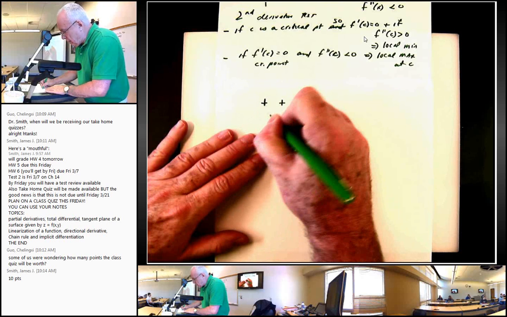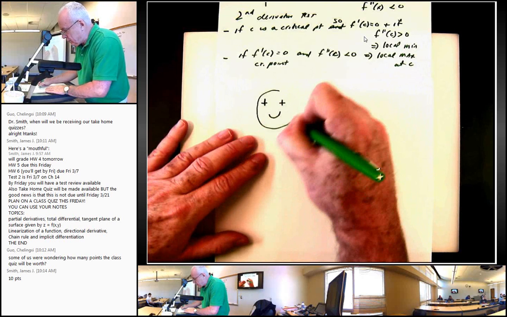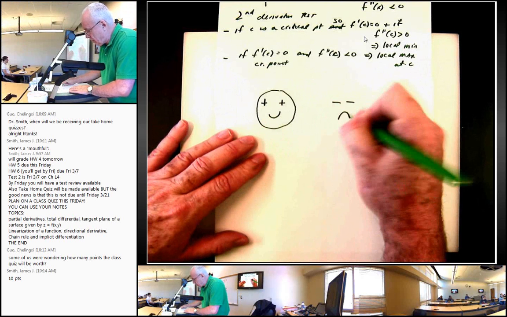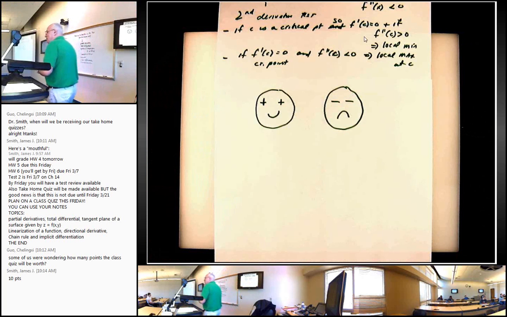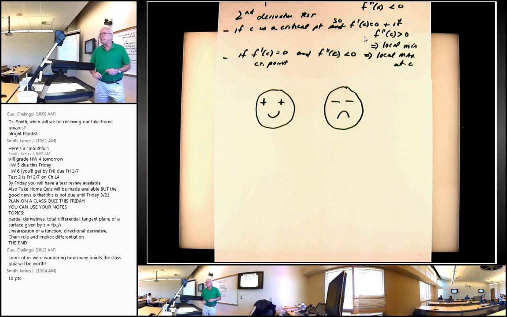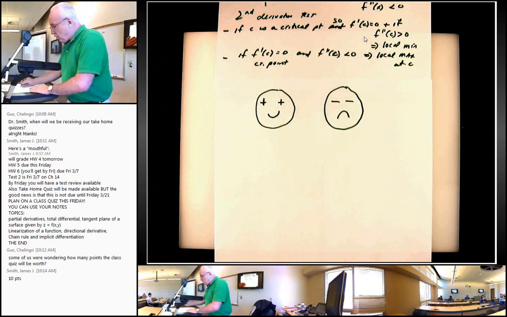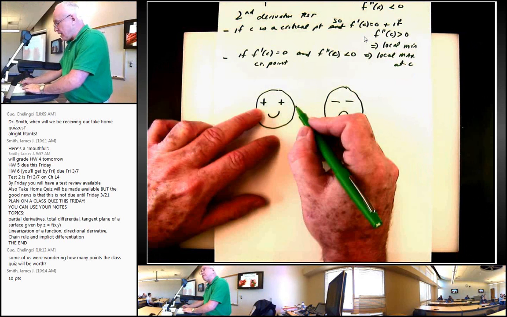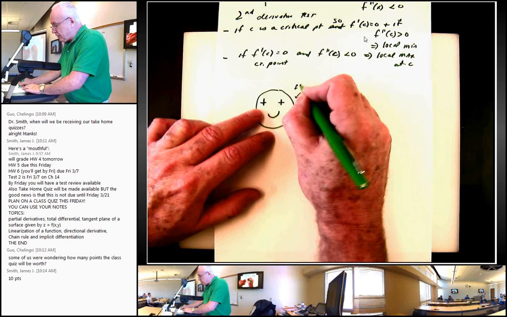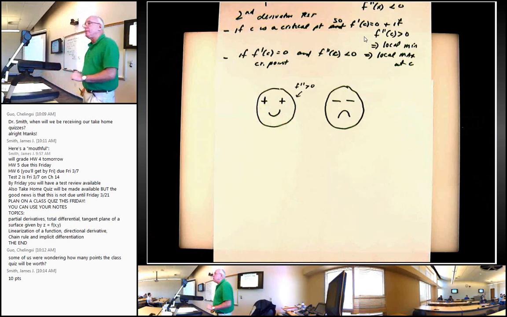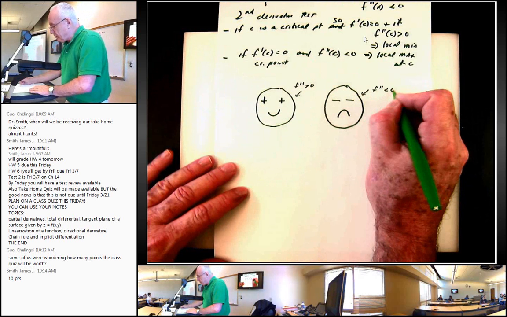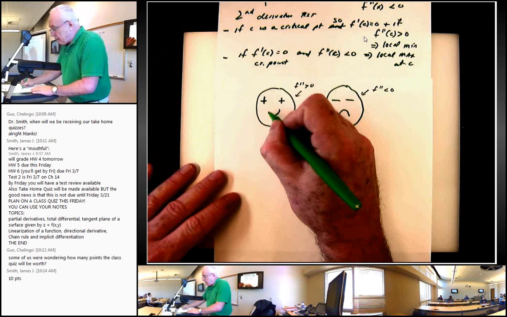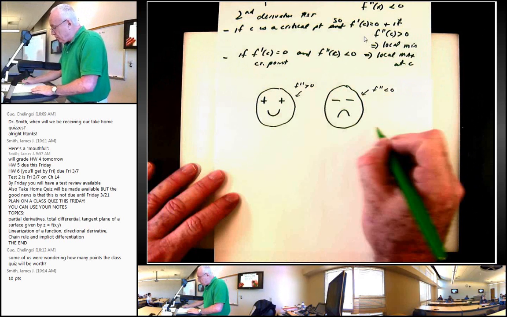So in a way, you can use these two faces to recall the second derivative test. Terry, I can see a little smirk there on the lip. All right. So the positive sign here means that the second derivative is positive. The negatives here mean the second derivative is negative. The mouth is the shape of the curve.